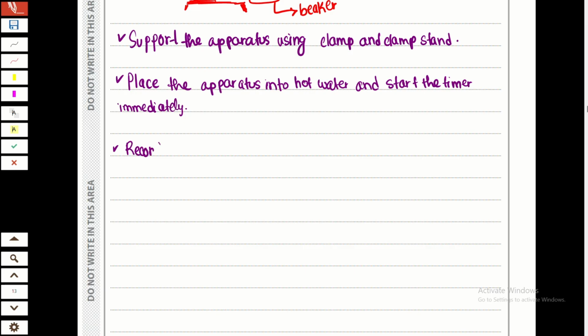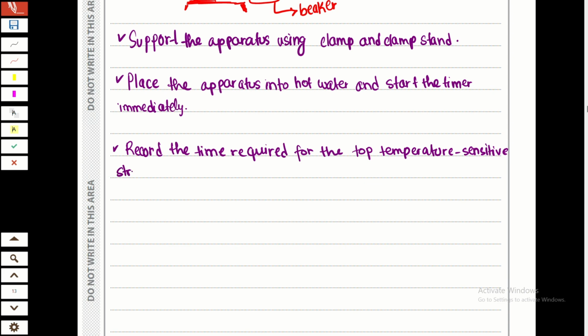Third point would be: record the time required for the top temperature sensitive strip to change color.